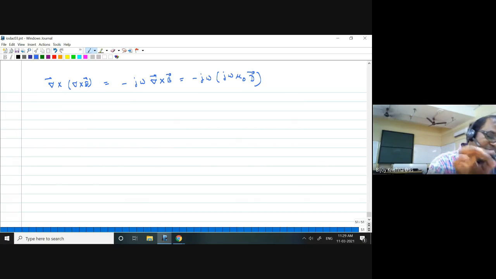D you can keep, or epsilon 0 and epsilon r you can take out, that's fine. And whenever I write the curl equation like this, I don't have any time dependent part, just frequency is there. That's why it is sometimes called frequency domain analysis. Otherwise, it is a time domain analysis.